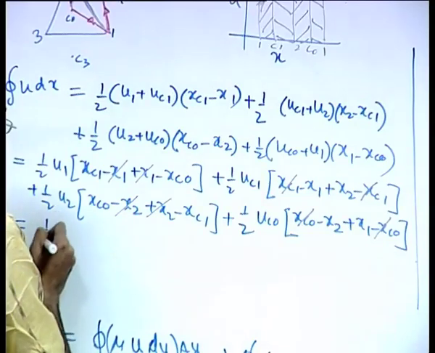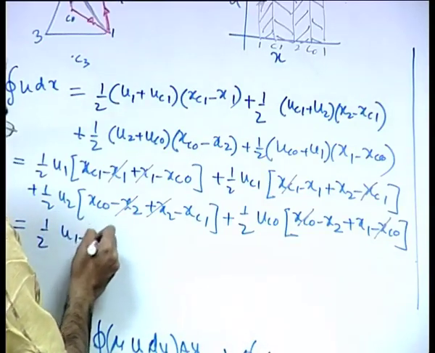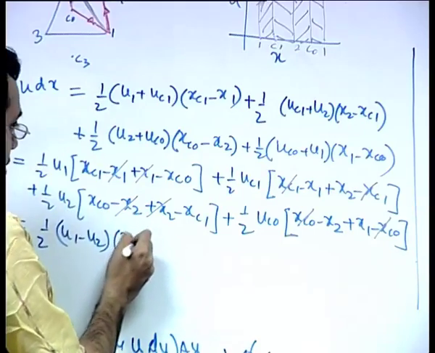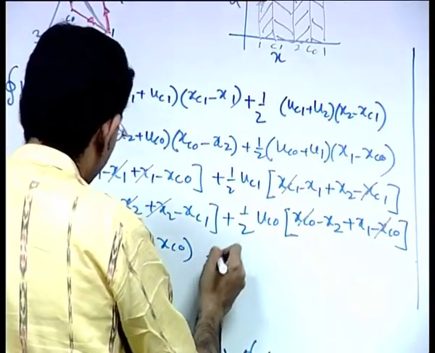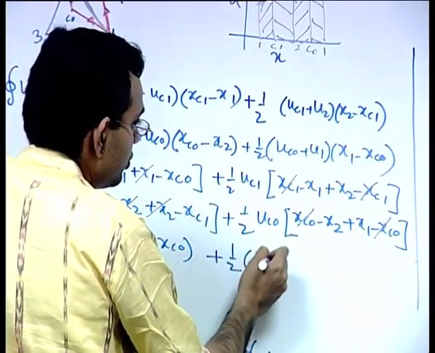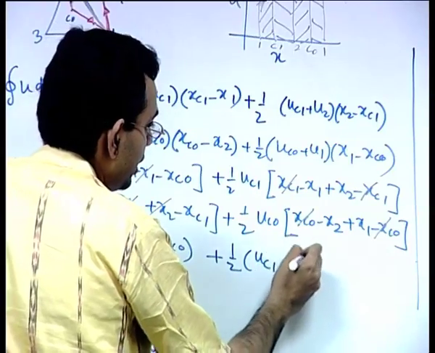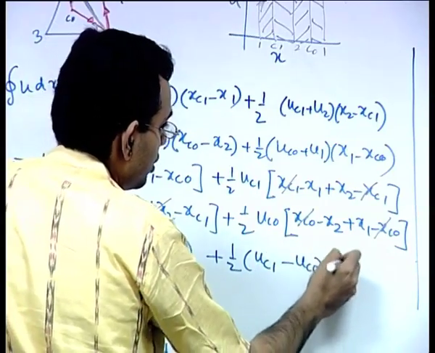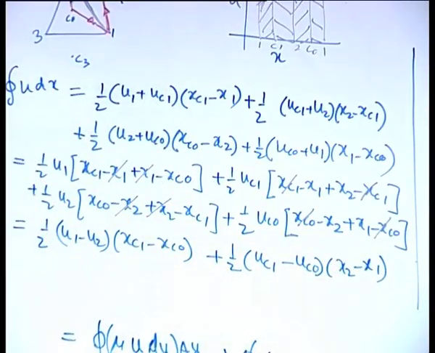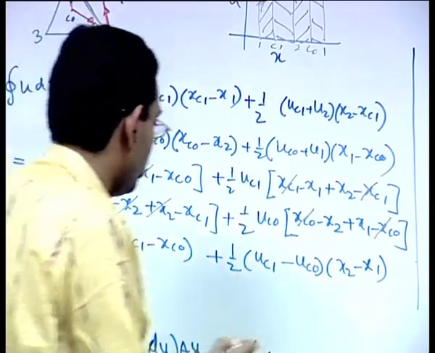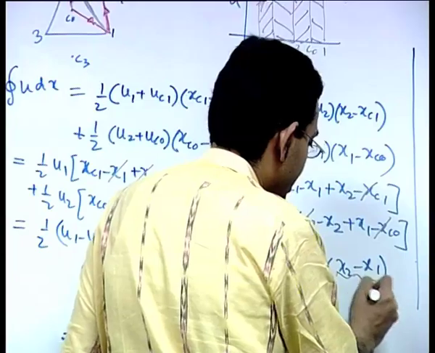So you can write half into U1 minus U2, you can take common, then it will be XC1 minus XC0, plus half UC1 minus UC0 into X2 minus X1. So this by our notation is delta x.